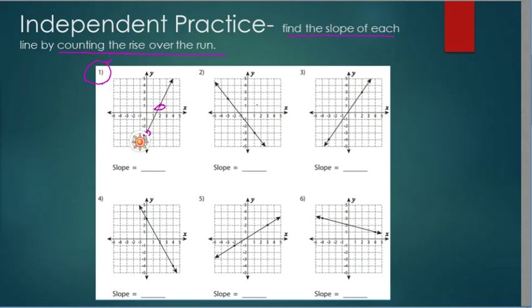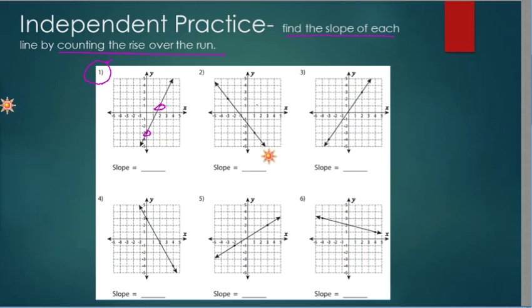Remember, any line that slants up and to the right is going to have a positive slope. Any line that slants down and to the right is going to have a negative slope. Remember that if a line is just a horizontal line, the slope is 0, and if a line is a vertical line, the slope is undefined.